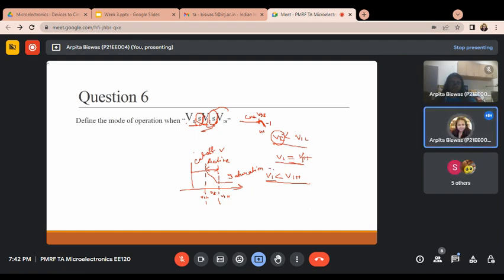If it is greater than, in that case saturation. Because if it is less than, then it is in active mode, and if it is greater than, then it is in saturation. Up to this, do you have any doubt? No, ma'am.